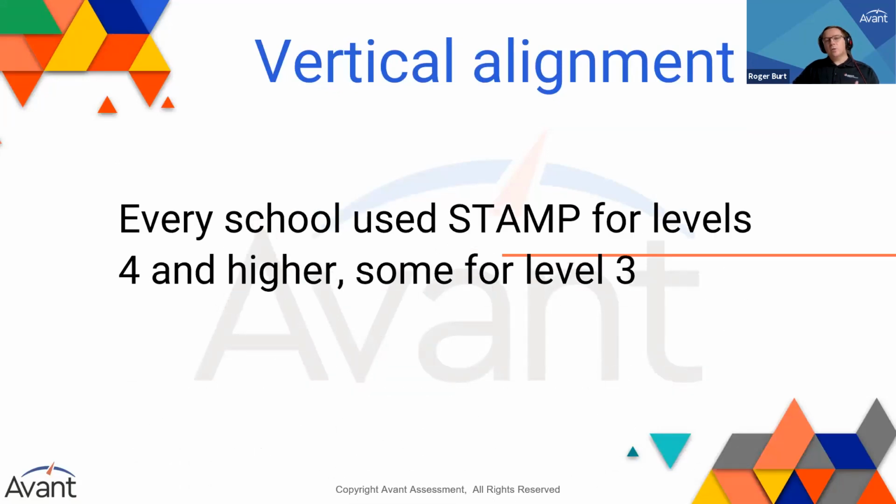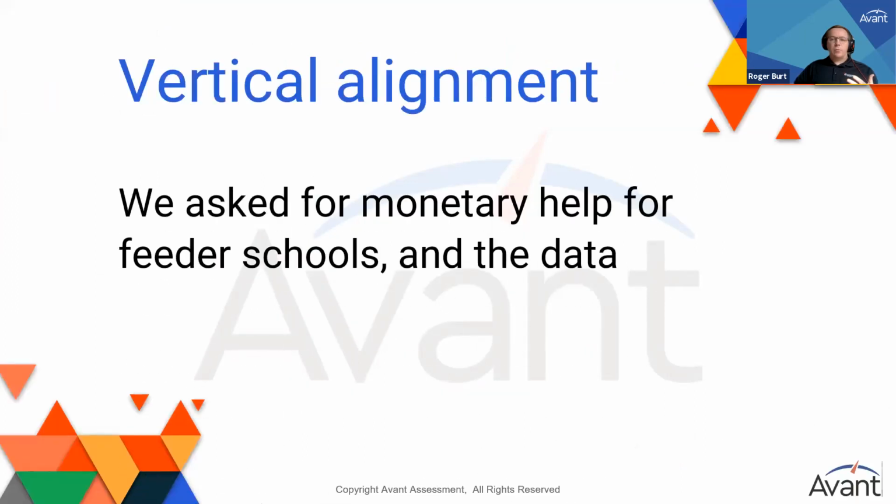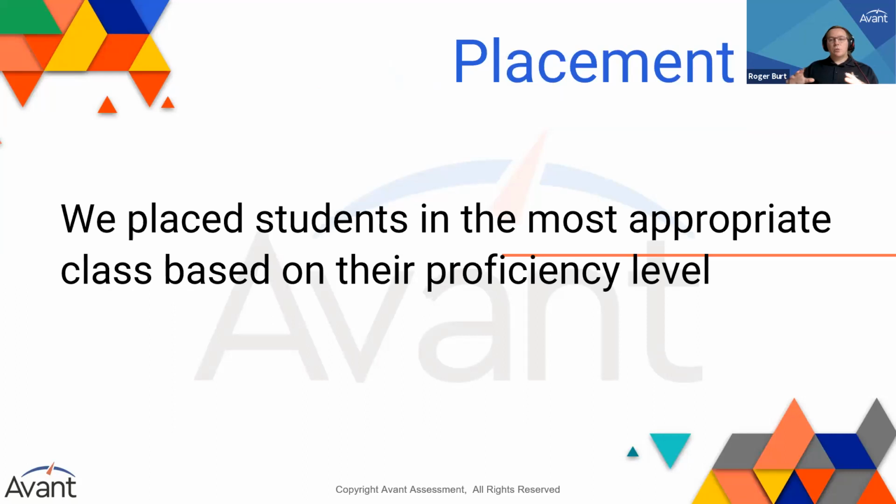So as I mentioned, every school in our district used STAMP for levels 4 and higher, and some used it for level 3. So what we did was ask for monetary help for our feeder schools and the STAMP data. We wanted to receive that so that we could place those students who are coming into our schools in the most appropriate class level based on proficiency.